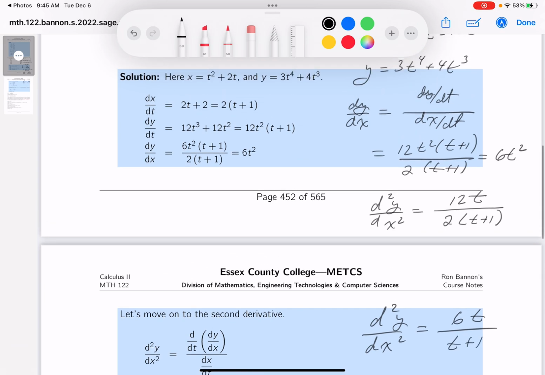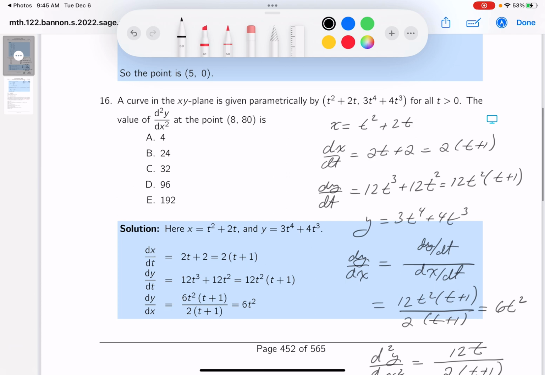Now, here's where the problem sets in. I have to get this point over here, which means x is 8 and y is 80. Now, I think the x is easy, but I'll still check it. So I'm going to say 8 equals t squared plus 2t. Certainly, it's quadratic in form, so let's write this down.